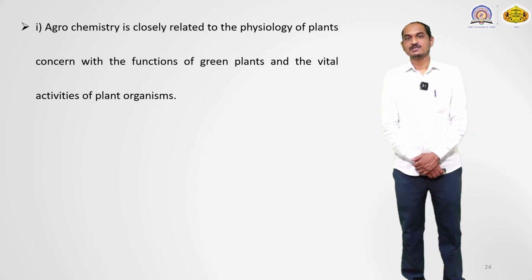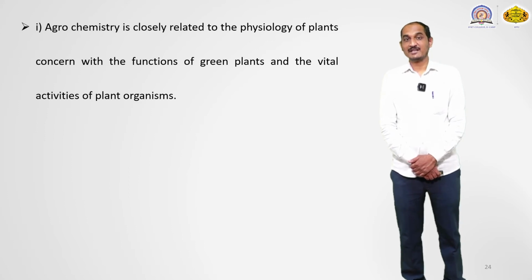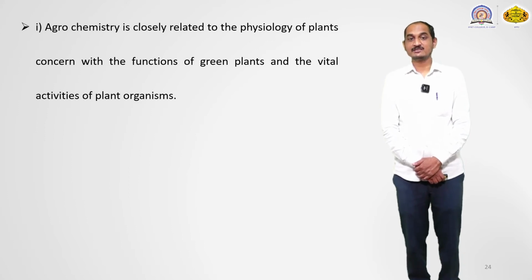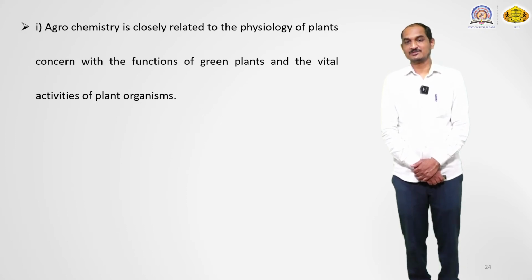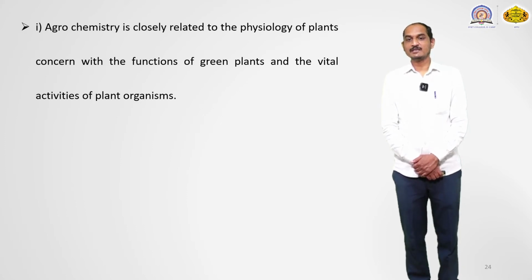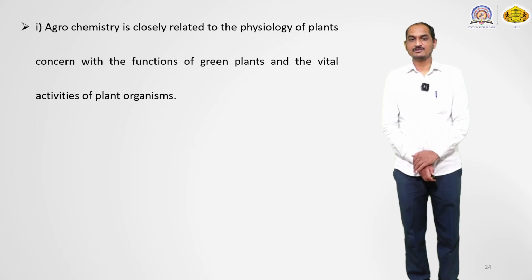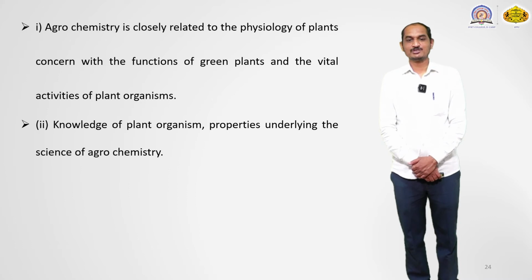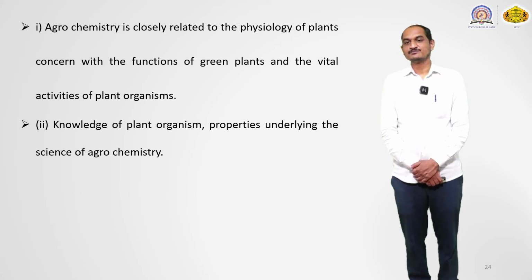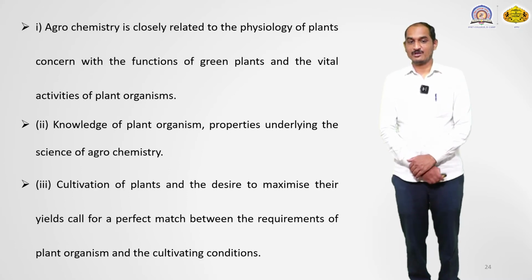The first point about the different branches related to agrochemistry is that it is closely related to the physiology of the plant, concerned with the factors of the green plant and the vital activities of plant organisms. The second important point is the knowledge of plant organisms, the properties underlying the science of agrochemistry.